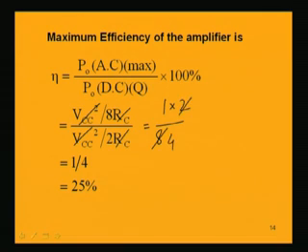So, 1 by 4 means in 100% it will be 25%. So, from this value of efficiency, what we can conclude is that the efficiency of this class A power amplifier is very low, it is only 25%.